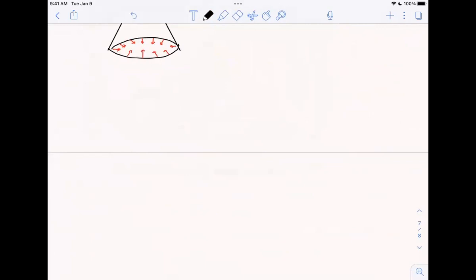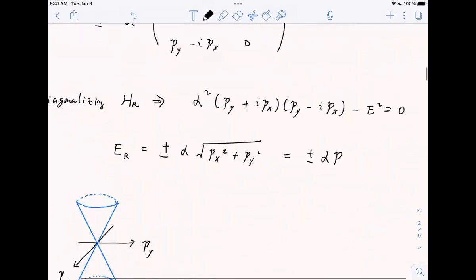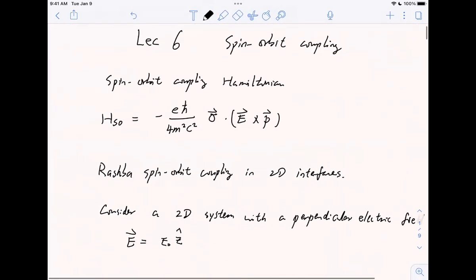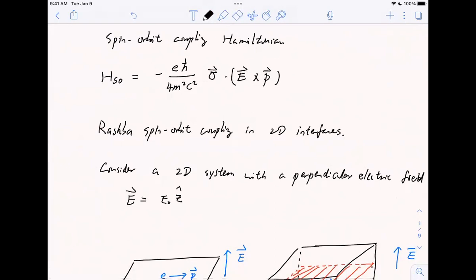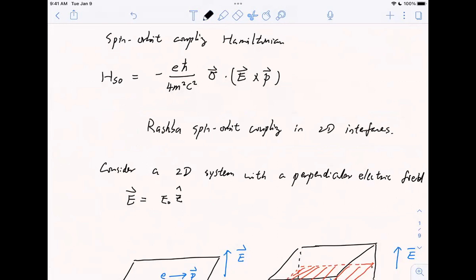Second example, case 2. I just say this is case 1 then. Okay, case 1.